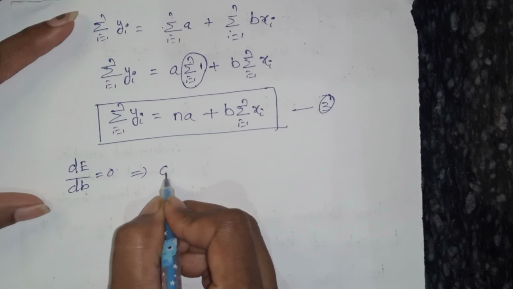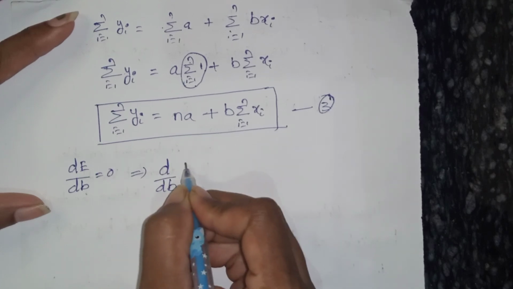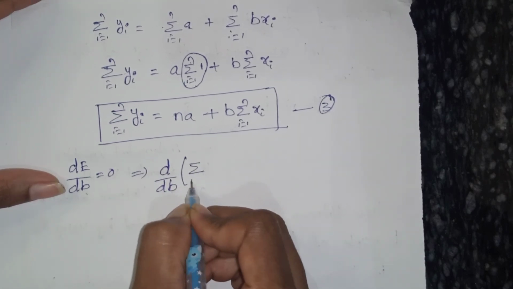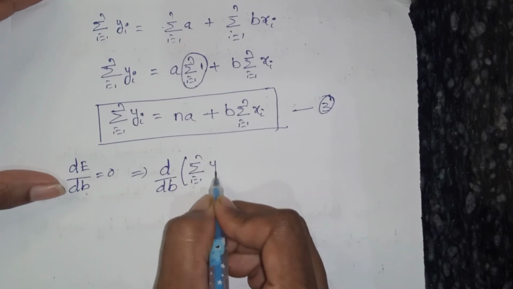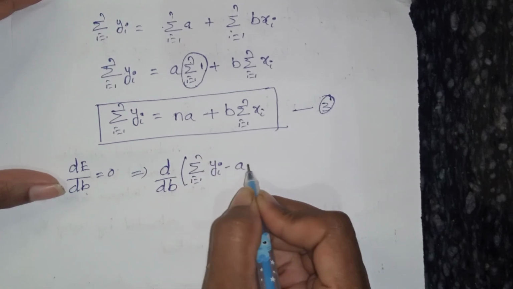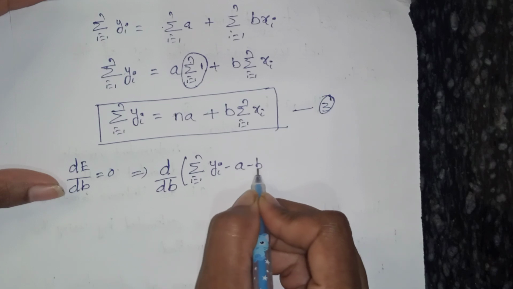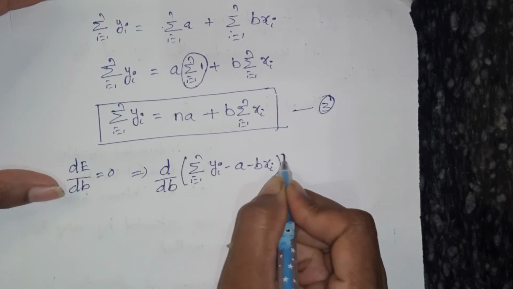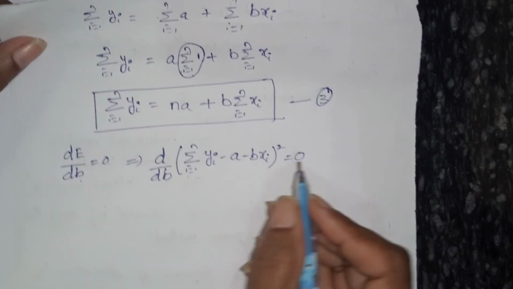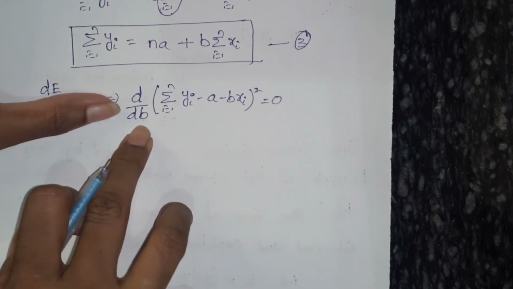That implies d by db of summation i equals 1 to n (yi minus a minus b xi) whole squared equals 0. So now we have to differentiate with respect to b.